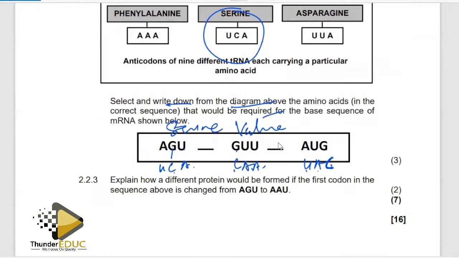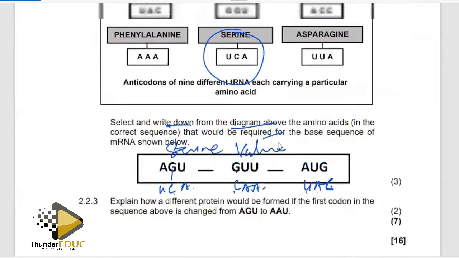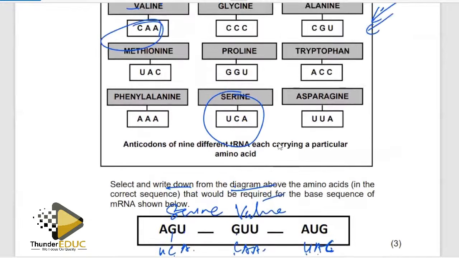And then UAC. I'm seeing UAC as methionine.